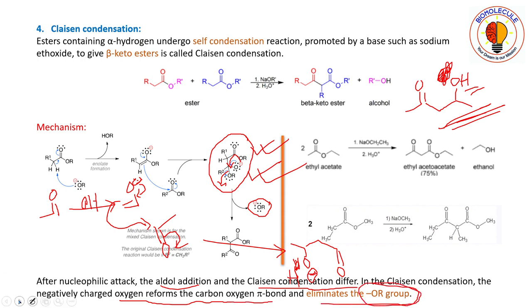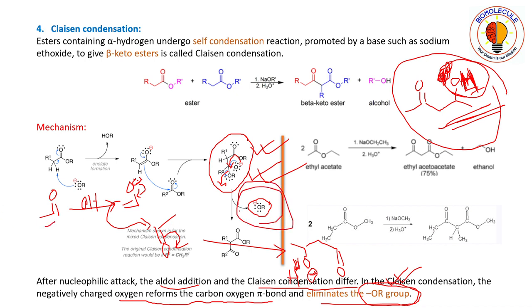So in Claisen condensation the alkoxide group is eliminated, whereas in aldol condensation, the alkoxy group captures this proton to become a beta hydroxy carbonyl compound. And here this OR gets eliminated to give us beta keto esters.